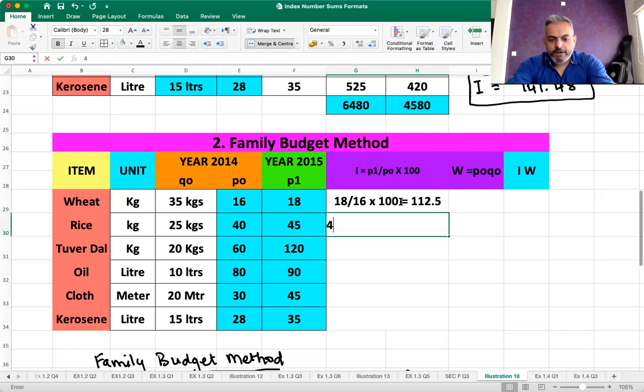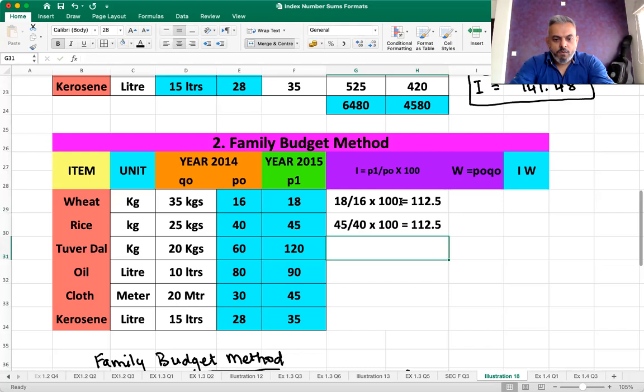Then 45 divided by 40 into 100 is equal to 112.5.